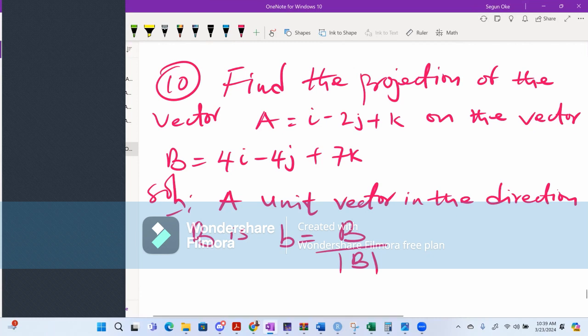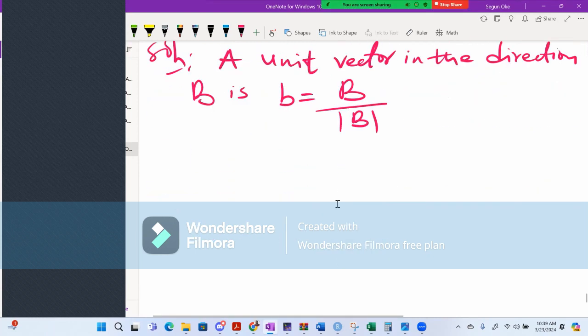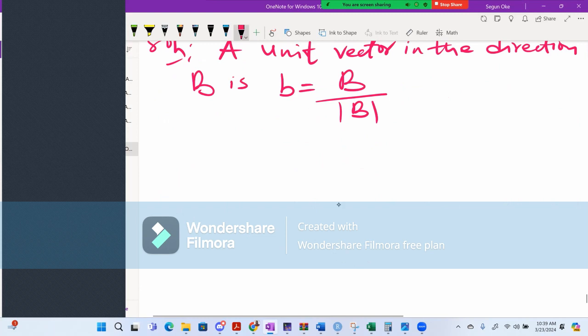How do we solve this? We first need to calculate this. Let's do it together.